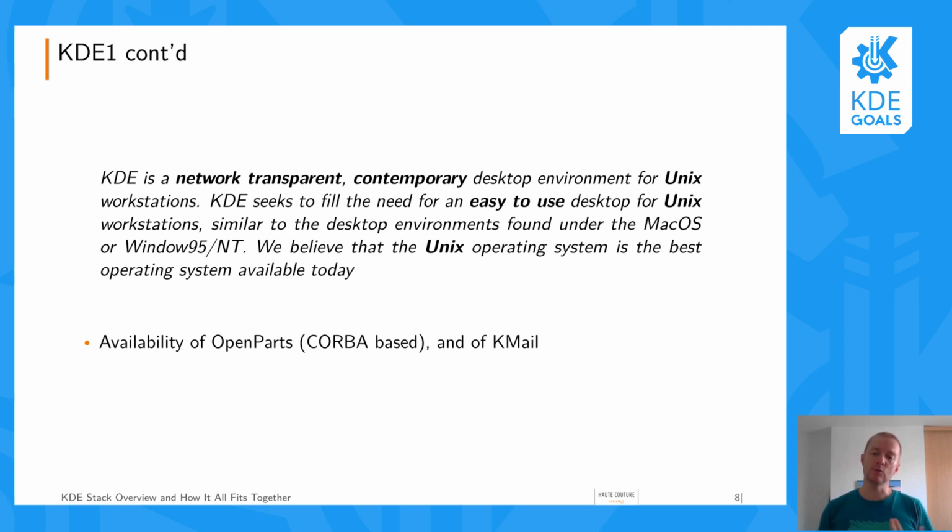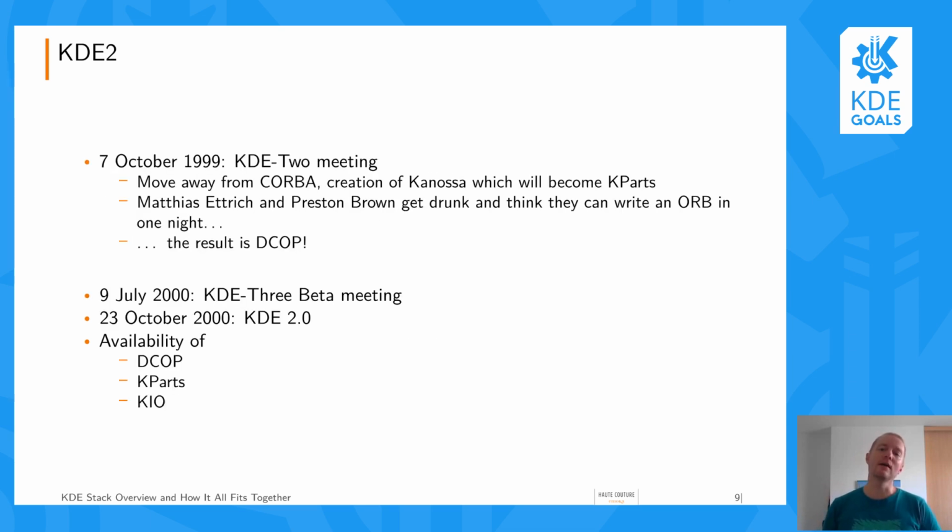And it was kind of heavyweight, which is why one of the efforts during the KDE2 meeting, even though there was no KDE2, right? So those meeting names were very confusing back then. The KDE2 meeting, one of the goals was to move away from Corba.